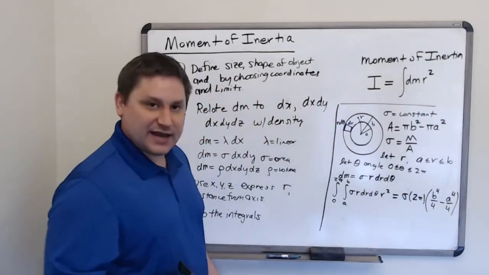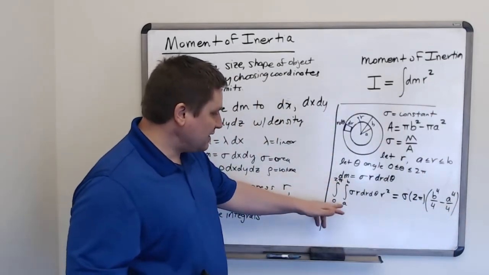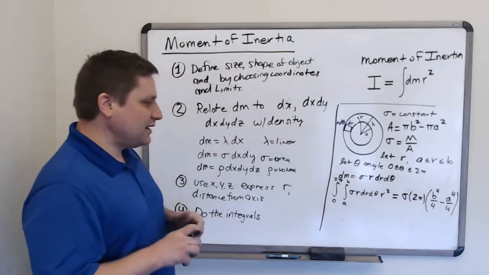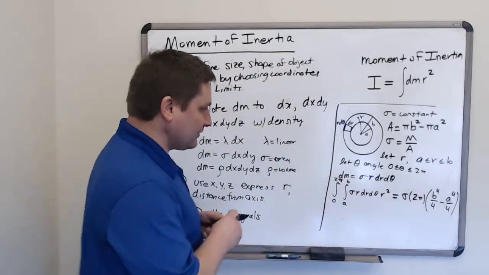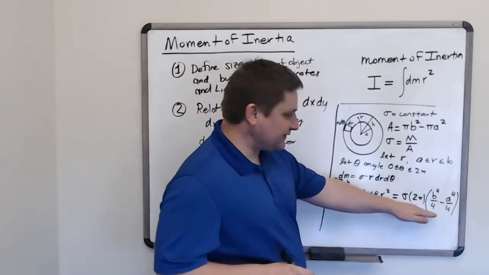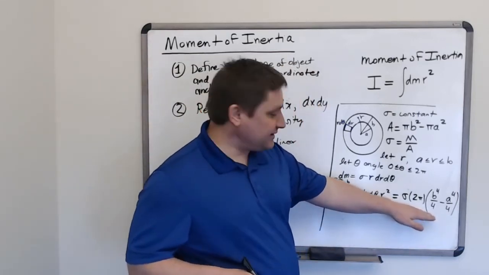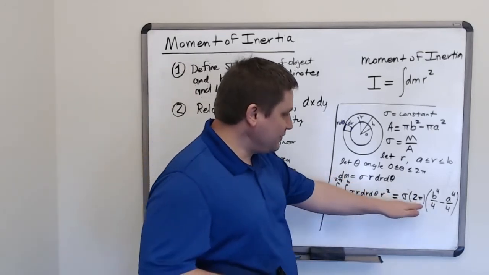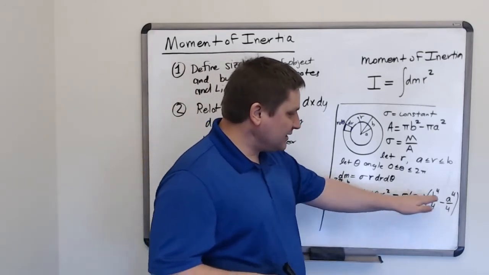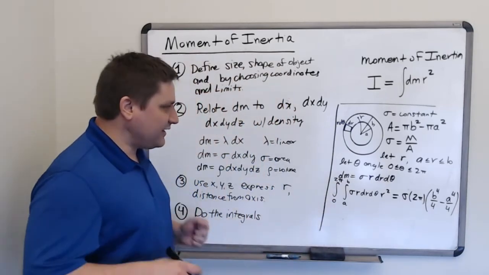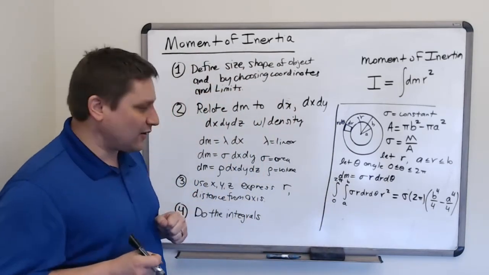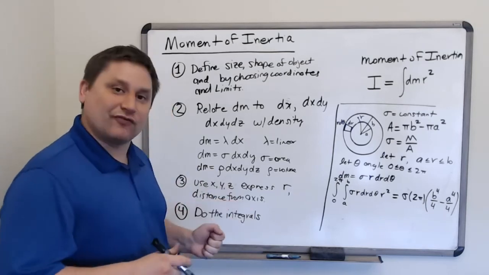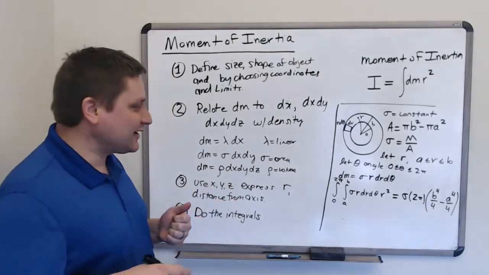Now I do have to take this at the upper limit b minus at the lower limit a, so I'll get b to the fourth over 4 minus a to the fourth over 4. So this expression here is a correct way to get the moment of inertia of this annulus. 2 pi times the mass density times the difference of the inner and outer radius taken to the fourth power divided by 4.